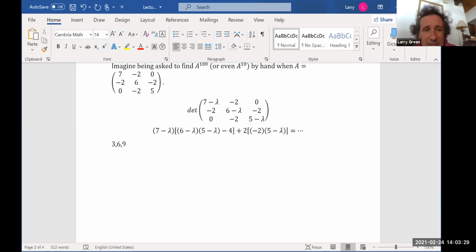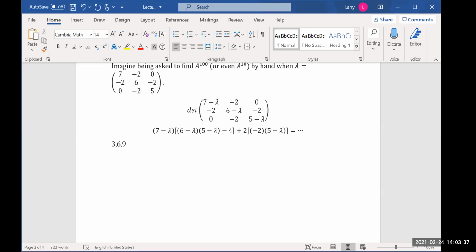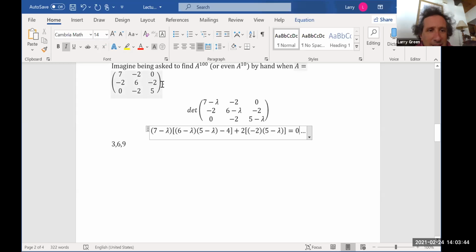Okay, let's find the eigenvectors. How do we get the first eigenvector? Plug our eigenvalues into lambda. Yeah, we plug in the eigenvalues into lambda. So now what I'm going to do is grab that matrix.